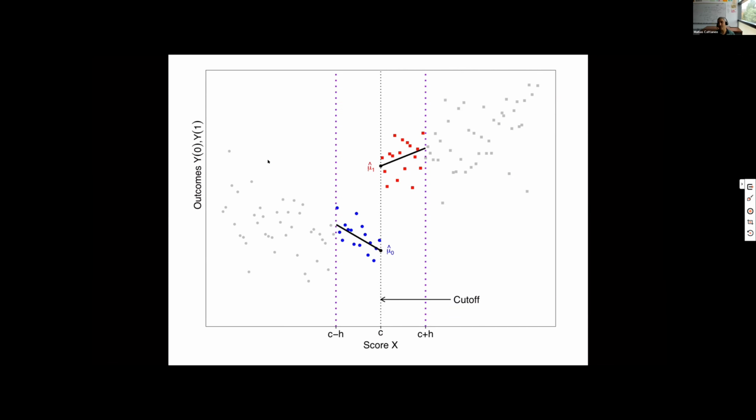And so here, let me pause for a minute. Again, RD designs are fundamentally identified in the limit, and therefore there is an extrapolation component that is unavoidable. In other words, at most, and typically never, will you see observations exactly at the cutoff. So you will only be able to estimate the regression functions with observations that are slightly away from the cutoff. Maybe the first observation landed right there, then right here, then here, then here.